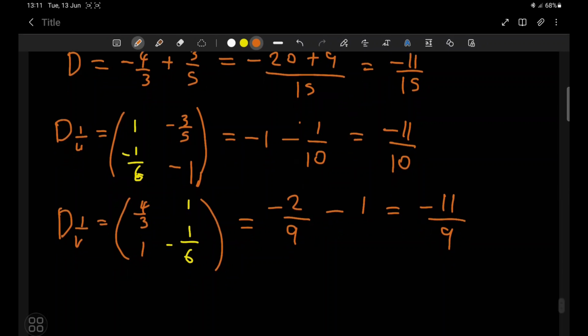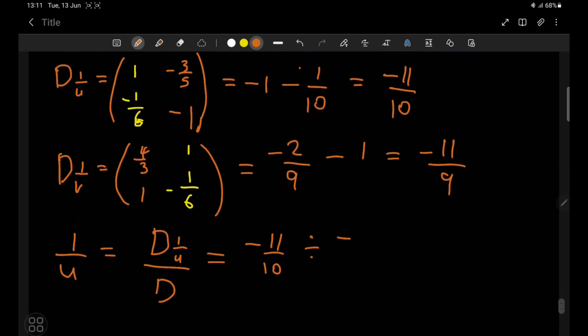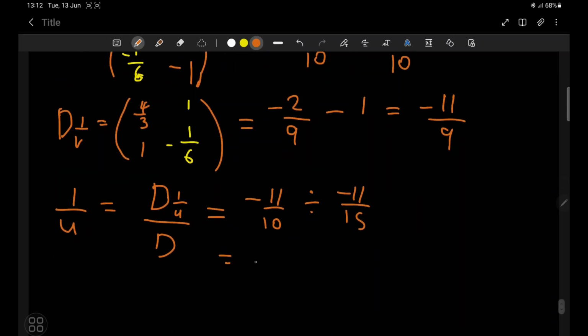Okay, so now we can find the values of 1 over u. So 1 over u is D 1 over u over D. So this is equal to, so D1 over u is negative 11 over 10. So we divide it with D. Our D was negative 11 over 15. So we simplify this, we'll have negative 11 over 10 times 15 over negative 11.